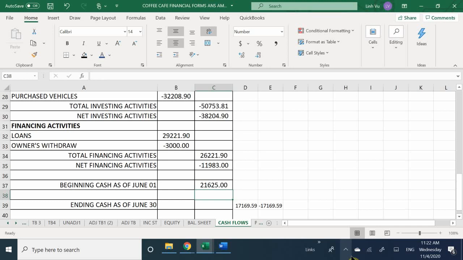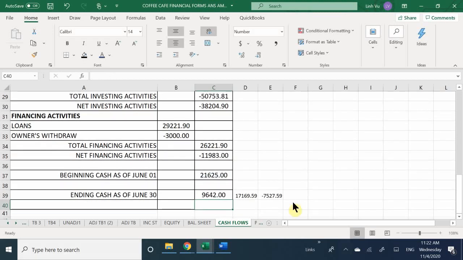Okay? And then what's going to happen is this is going to be a formula. This is going to be what you started with plus the net in financing activity. So this is the number that you're supposed to solve for. And this number here is supposed to reflect how much money is in your current bank account as of June 30th, which in this case, it is not.